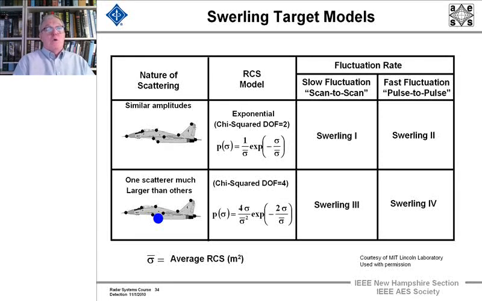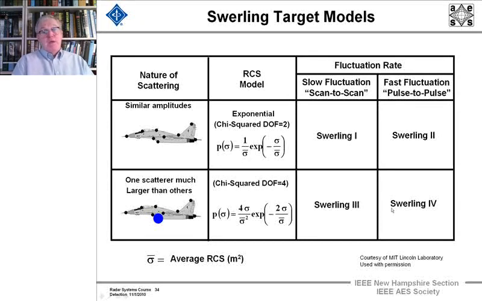And what one would need to do was to look at the target and see whether empirically the targets were correlated within that 10 pulses, but uncorrelated from scan to scan, and then you'd use the Swerling 1 model. If you have fast fluctuations, and they're independent from pulse to pulse, then you'd use the Swerling 2 model.